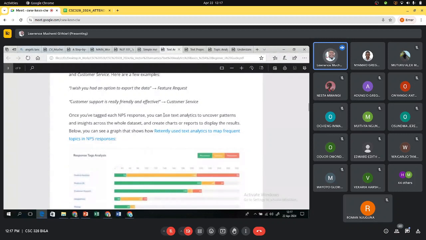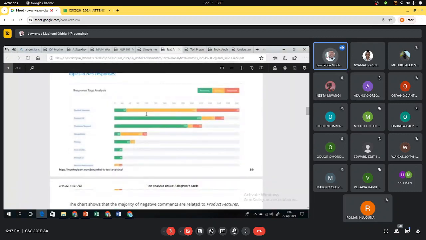Below, you can see a graph that shows how recently used text analytics to map frequent topics in NPS responses. So they're just showing here the topics.